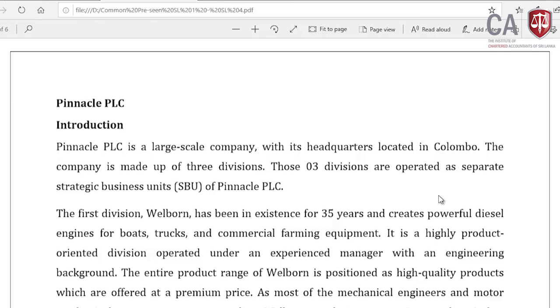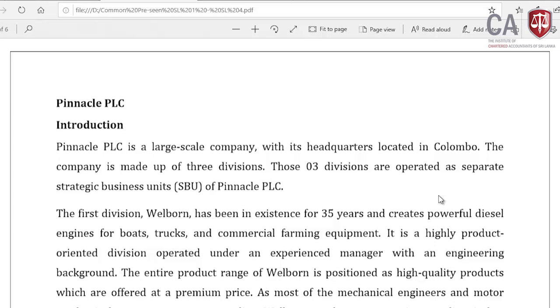Pinnacle PLC is a large scale company with its headquarters located in Colombo. The company is made up of 3 divisions. Those 3 divisions are operated as separate strategic business units of Pinnacle PLC.